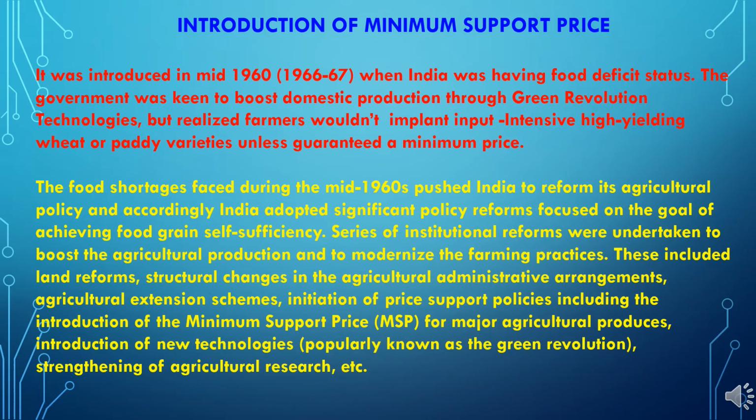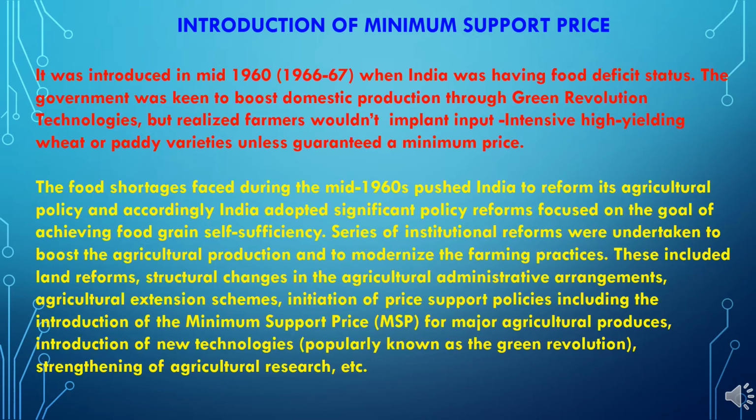The food shortages faced during the mid-1960s pushed India to reform its agricultural policy, and accordingly India adopted significant policy reforms focused on the goal of achieving food grain self-sufficiency. Series of institutional reforms were undertaken to boost the agricultural production and to modernize the farming practices.